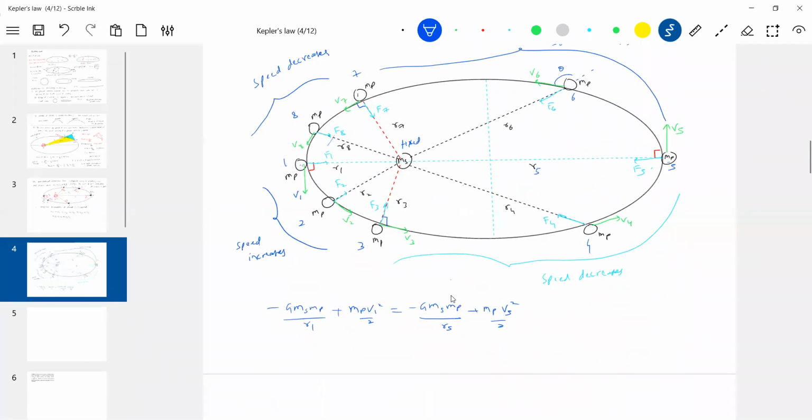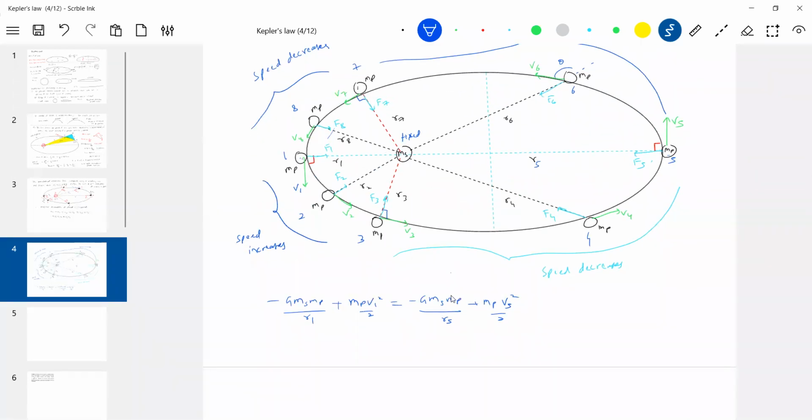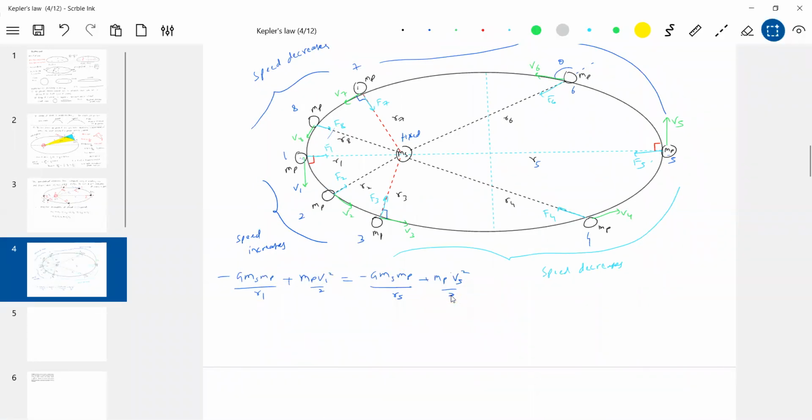I'm looking at the diagram. I'm asking you to write between 1 and 6. Let me show. This is the conservation of angular momentum. How do we write here? Mp V1 R1 is equal to Mp V5 R5.